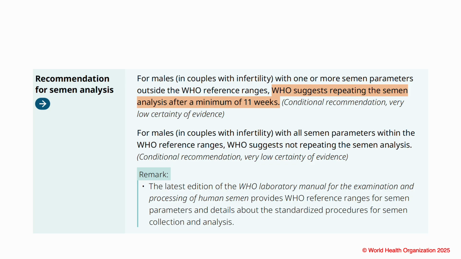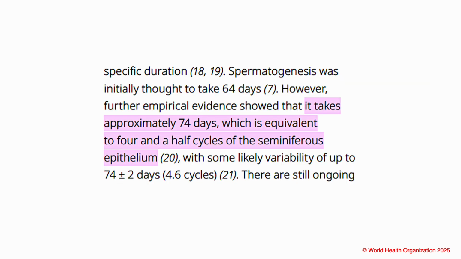So that's why the 11 weeks have been taken for the repeat semen analysis. But in case the semen analysis is normal, there is no need to repeat it. We can see here it takes around 74 days, which is equivalent to 4.5 cycles of seminiferous epithelium.